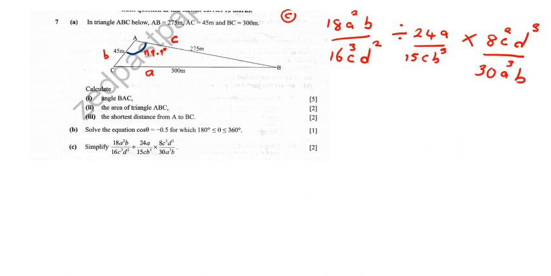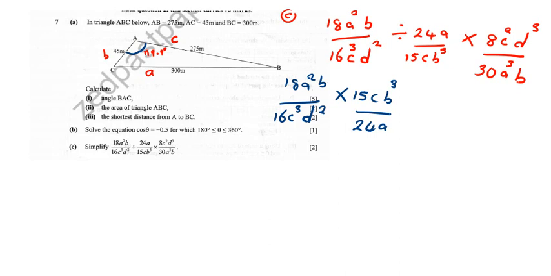So we have 18 a squared b over 16c to the power 3 and the d squared. It will become now multiplication and they will swap: c b to the power 3 over 24a times 8c squared d to the power 3 over 30 a to the power 3 and ab.